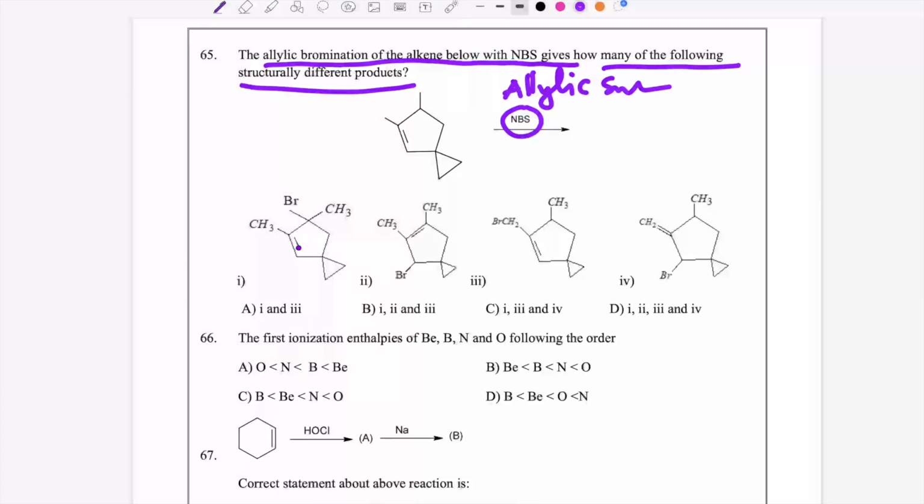So this is NBS, N-bromosuccinimide, and allylic substitution will take place here. This is the double bonded carbon, this is the allylic carbon, this is also possible. This is the allylic carbon, the third is also possible. So all of them are possible for this question. Answer should be D.